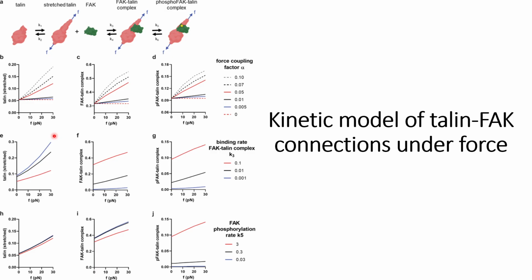Thereafter they wanted to see the impact on the binding rate through K3. The first case is where they target alpha, and in the second case they target K3. That is, they reduce the K3 value from 0.1 to 0.01 to 0.001, and they can see that with reductions in K3, the linearity of the talin relationship to force fades away.